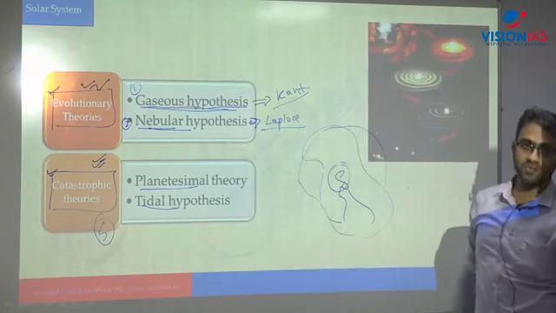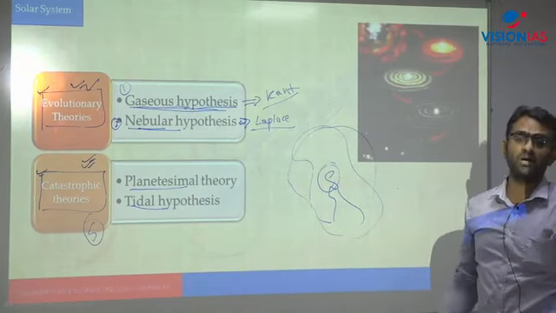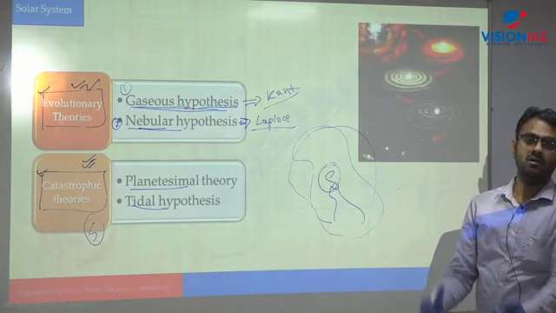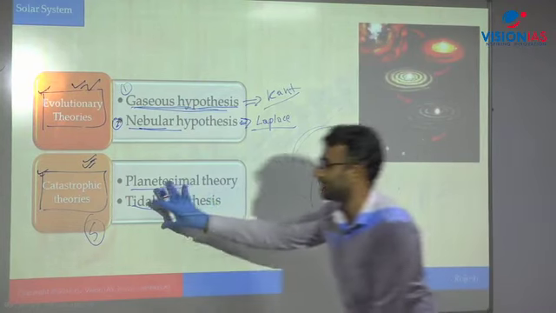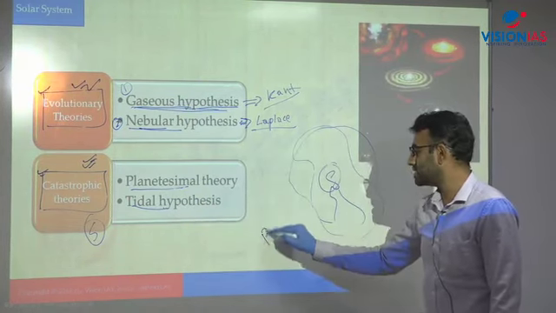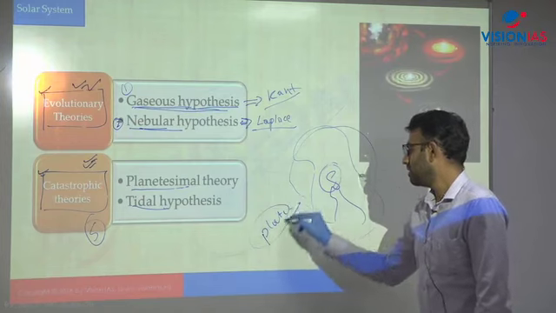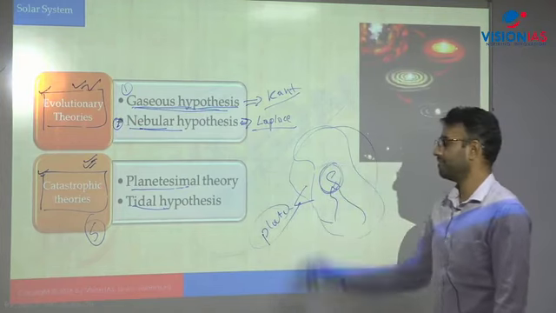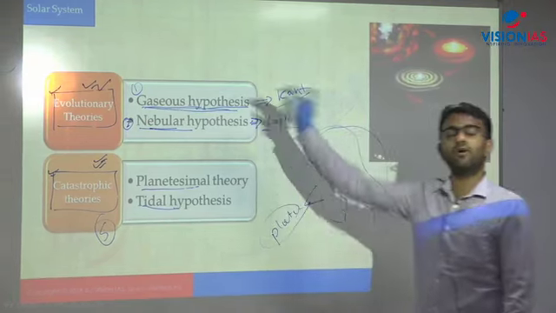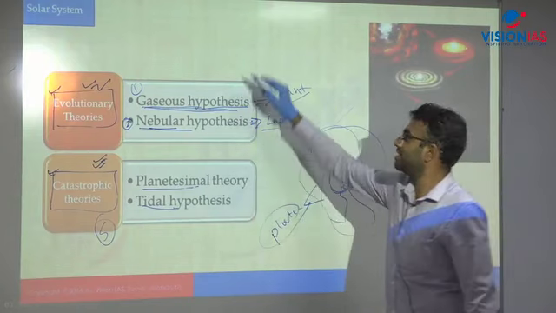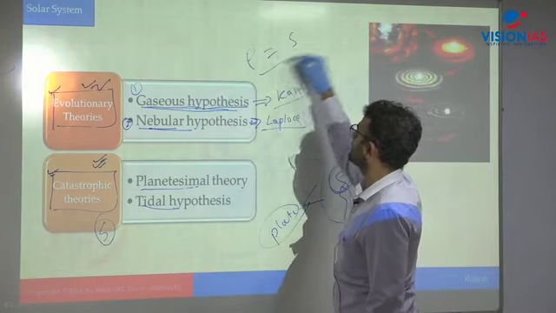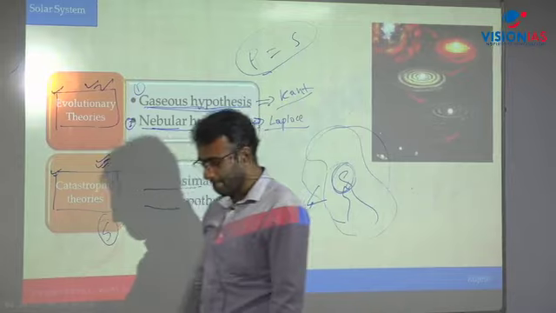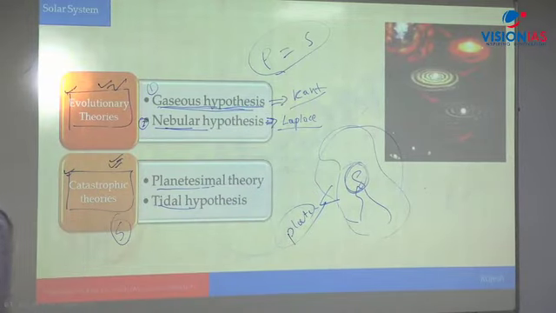Then the material came out of the sun and got separated and became planets. So as per the catastrophic theory, the planets are younger than the sun because they formed later. As per the evolutionary theory, planets are of the same age as that of the sun.